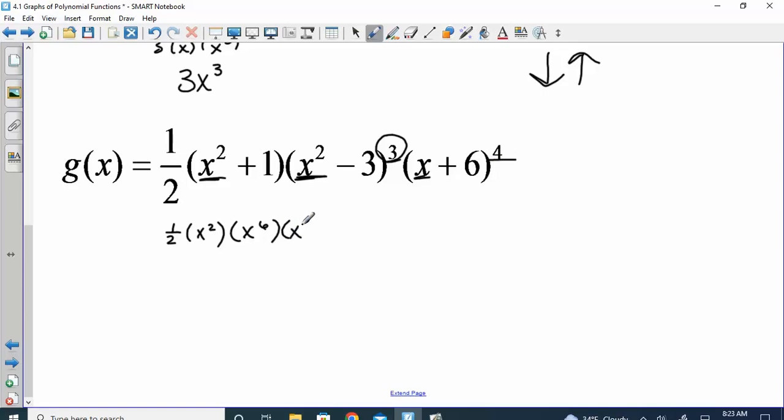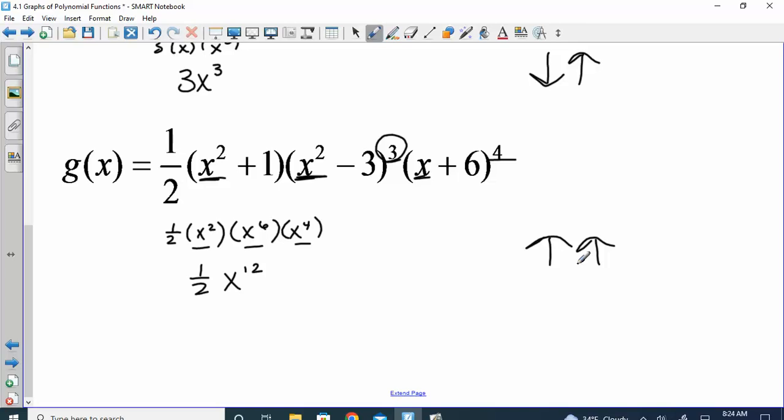This one would give me x to the 4. Then you add 2 plus 6 plus 4, so we get 1/2 x to the 12. So what's my end behavior? A 12th is even, so it's a parabola. The 1/2 says it's still pointing up. So end behavior up.